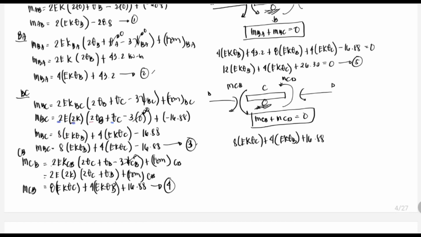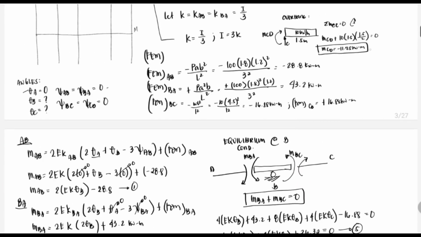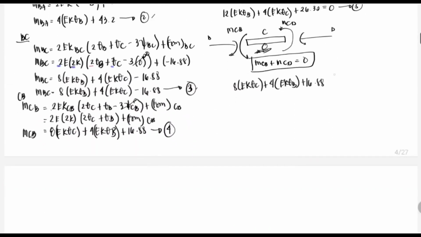Ano yung MCD natin? Yung MCD natin ay ito, we have negative 11.25. So minus 11.25 equal to 0. So using lang natin, we have 8 EK theta C plus 4 EK theta B. Okay, tapos ito we have 16.88 minus 11.25, so we have 5.63. So plus 5.63 equal to 0. This will be your equation 6.